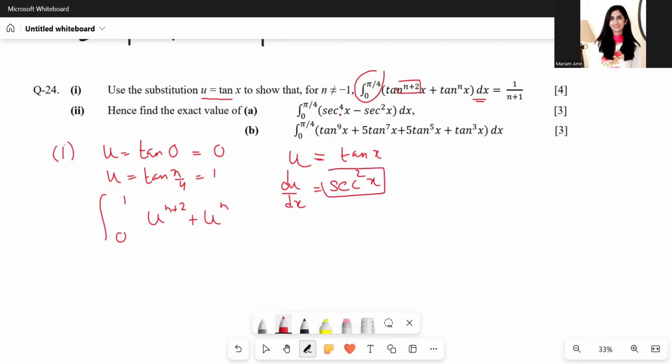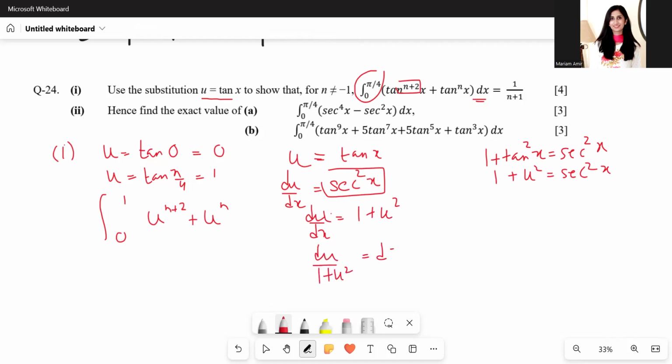We know the identity 1 plus tan square x equals secant square x. So 1 plus u square equals secant square x. So du over dx equals 1 plus u squared, and du upon 1 plus u squared equals dx. So in place of this dx here, we will write du over 1 plus u squared.